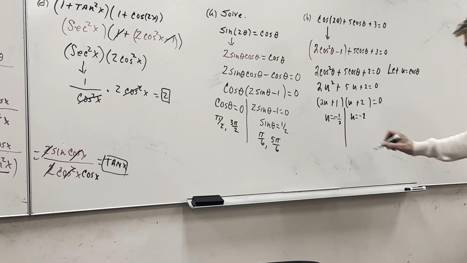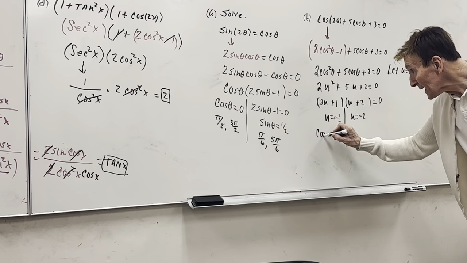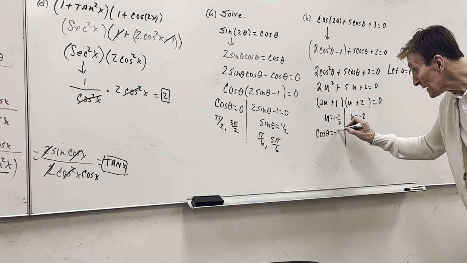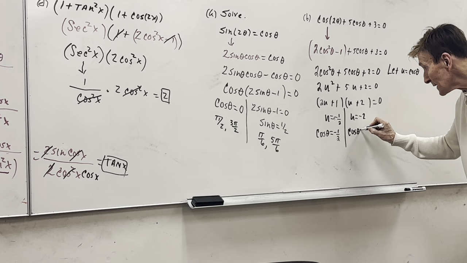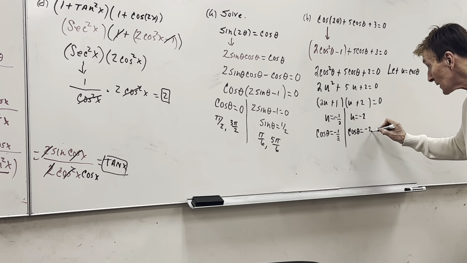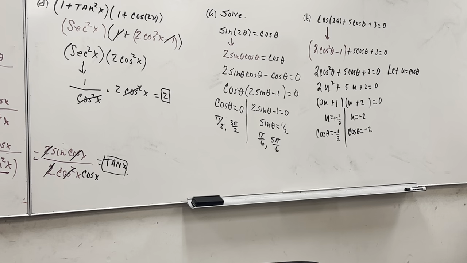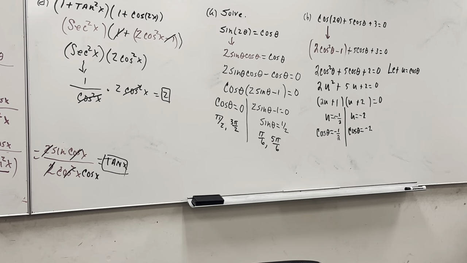And of course, this is cosine, so this is cosine theta equals -1/2, and cosine theta is equal to -2. Any mistakes there? Can we disregard the right? Yeah, this is impossible.